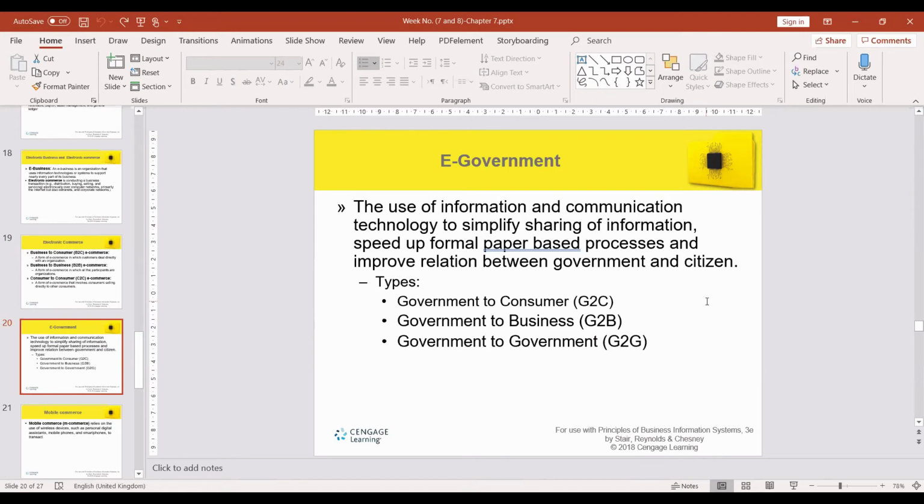Government to business. Can I give you an example? When you try to register your business with the government.